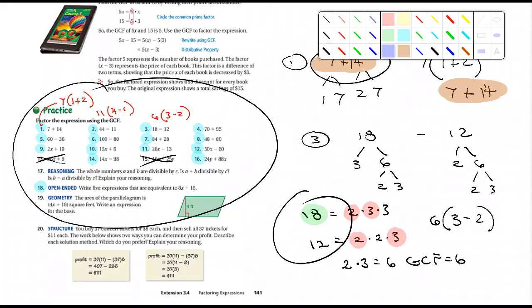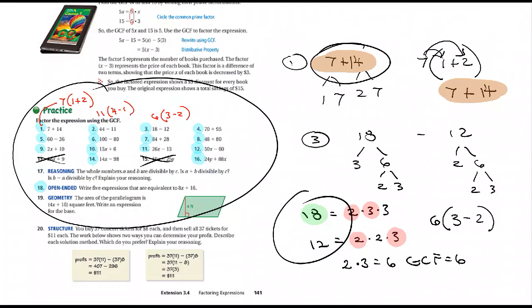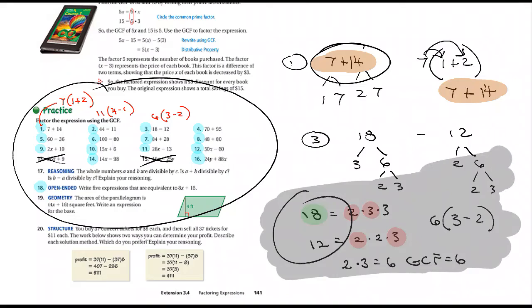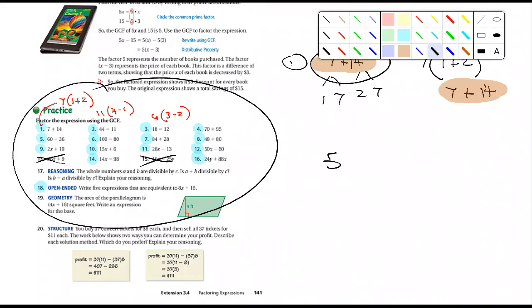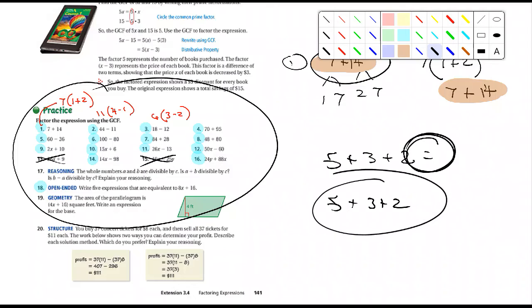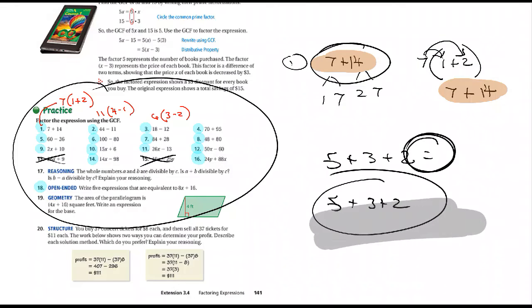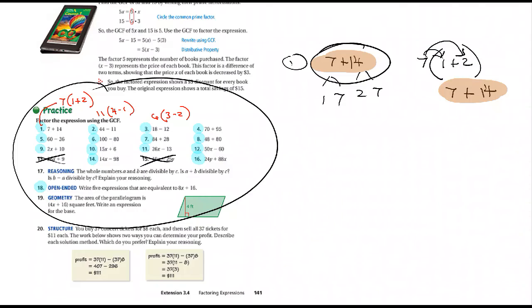Anytime you have some numbers that don't have an equal sign, that's just an expression. So, for example, if I wrote 5 plus 3 plus 2 equals, that's an equation because it has an equal sign. If I wrote 5 plus 3 plus 2 and asked you what that was, you would say that's an expression. All right. Let's do one more.